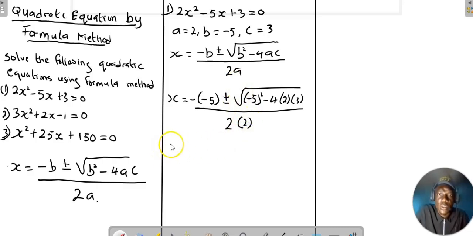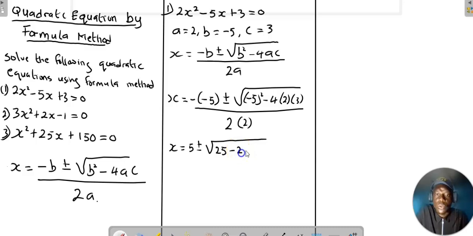Now let's simplify. x is equal to minus times minus here will give us plus, so that's plus 5. We have 5 plus or minus the square root of minus 5 squared. Minus 5 squared will give us plus 25. So we have 25 minus, 2 times 3 will give us 6, 6 times minus 4, that will give us minus 24.